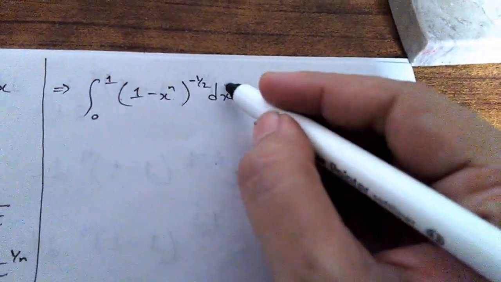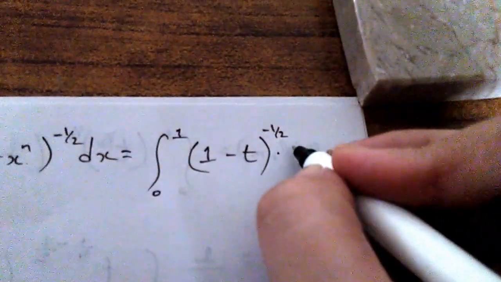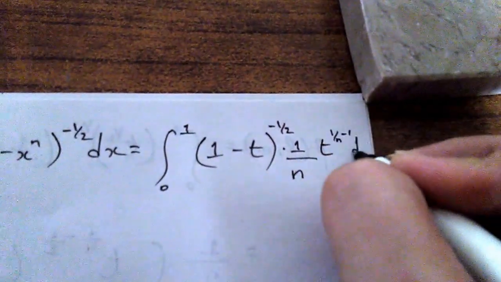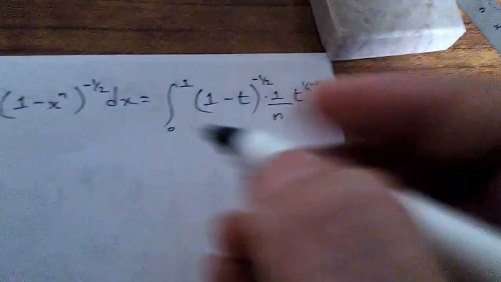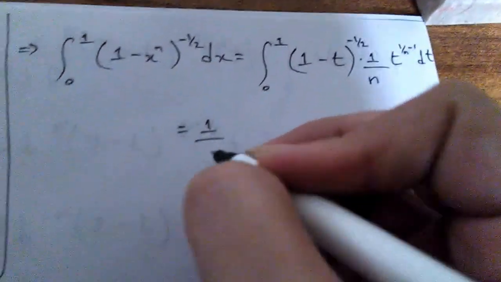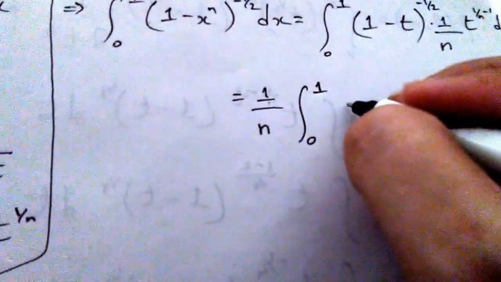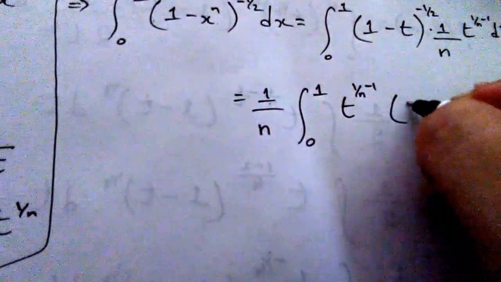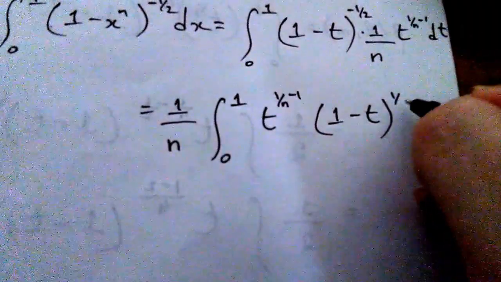At the place of your dx you're going to put down this value, dt. Okay, 1 upon n is a constant number, so you just write it outside the integral. Okay, that's how we do. And let us organize the terms in the integrand. And minus half can be established like this.